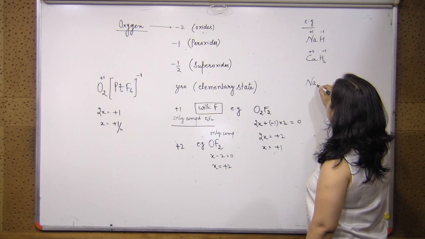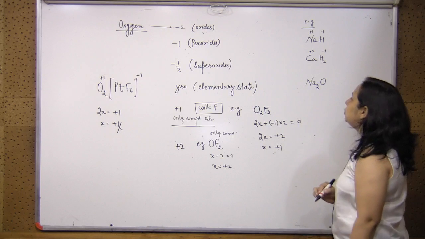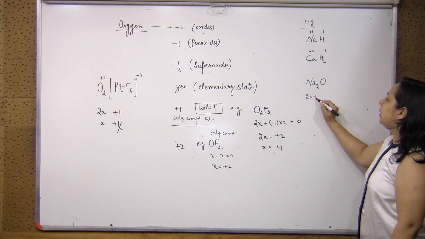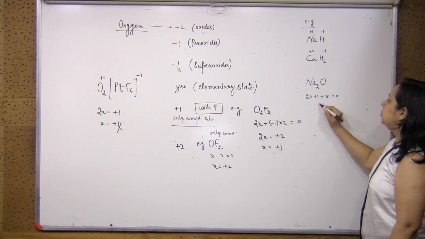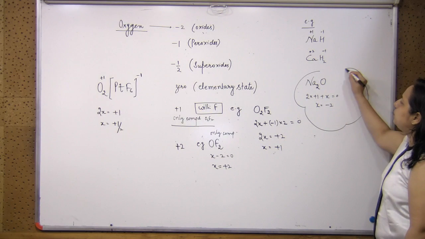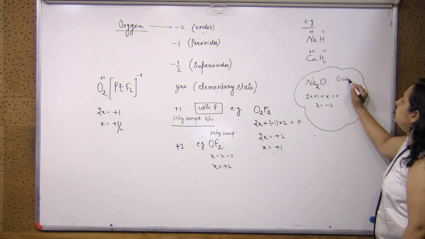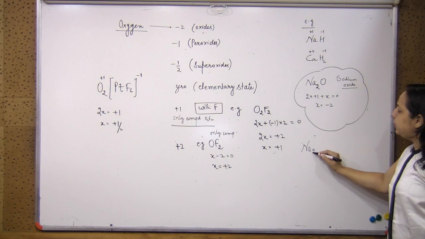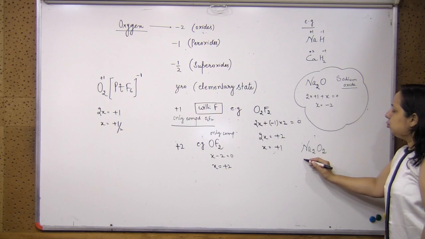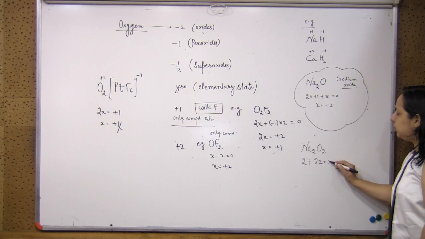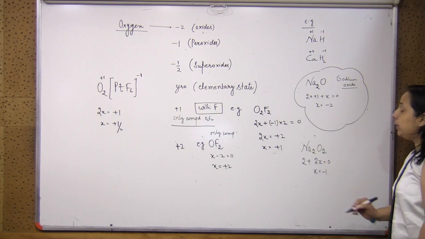Let's see. If it is written sodium oxide, Na2O, sodium is always +1. It is 2 into +1 plus x is equal to 0. X comes out to be -2. It means this compound should be named sodium oxide because oxygen here is -2. But if I write Na2O2, sodium is +1, it is 2 positive now, plus 2x is equal to 0, x comes out to be -1.